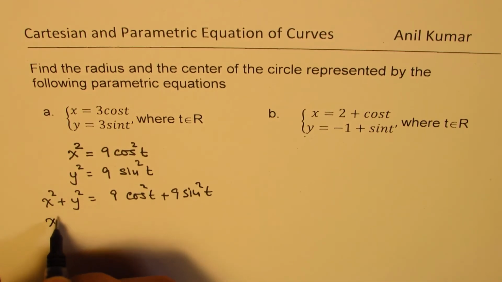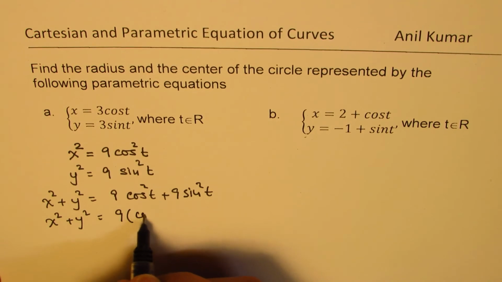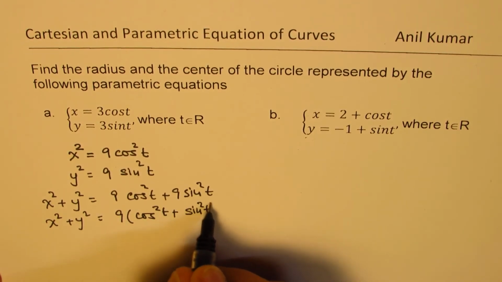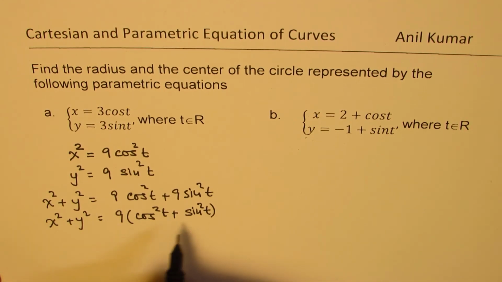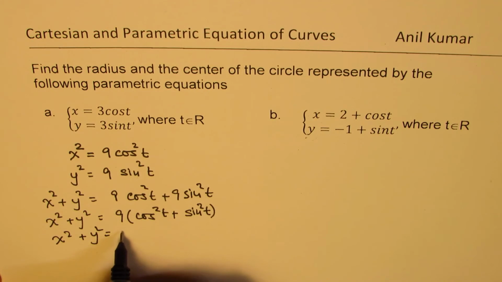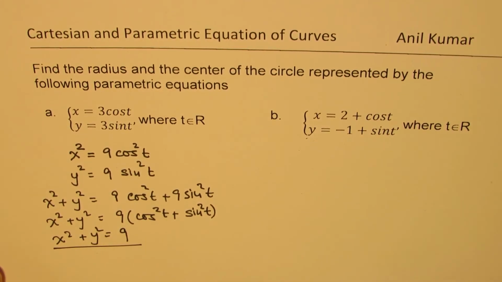Or we get x square plus y square equals 9 times (cos square t plus sin square t). And you know cos square t plus sin square t is 1. So we get x square plus y square equals 9. So that is a circle, as you know.